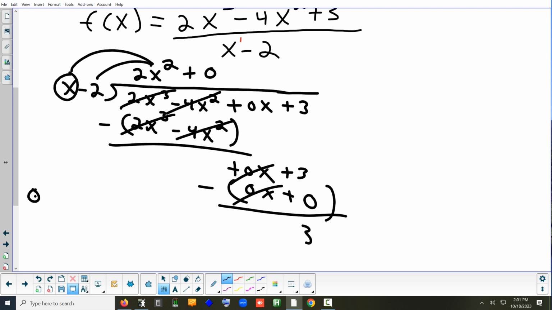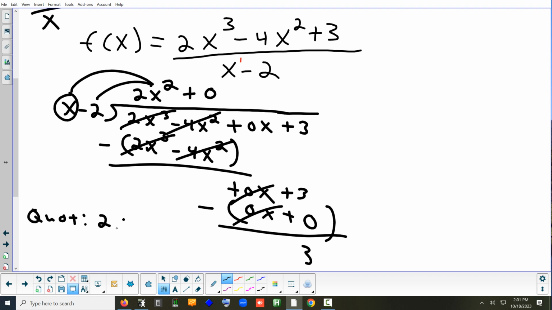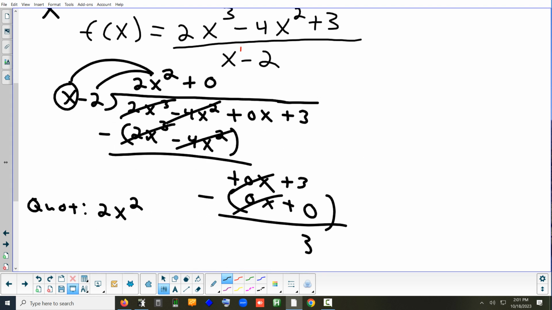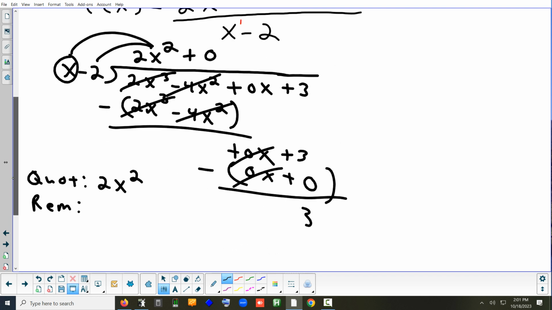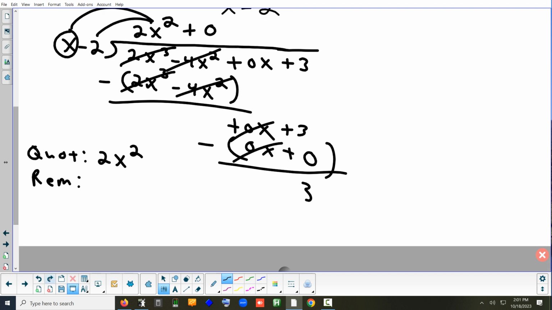Okay, quotient. What's the quotient there? Yeah. 2x squared. We don't have to write plus 0. You just say 2x squared. What's the remainder? 3. And what is the end behavior asymptote?